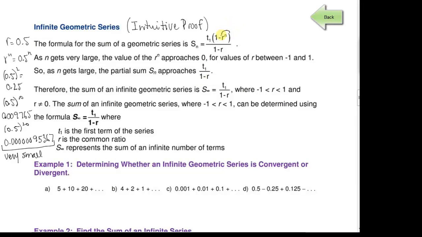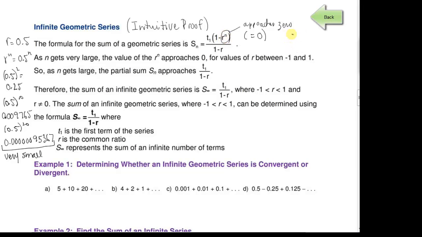As we just said, as n becomes larger and larger, r to the n approaches 0, and as it approaches 0, we're just going to say that it is equal to 0. What that means is I can now replace the r to the n with 0.